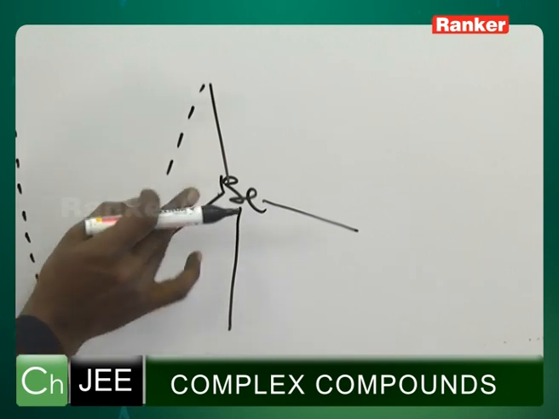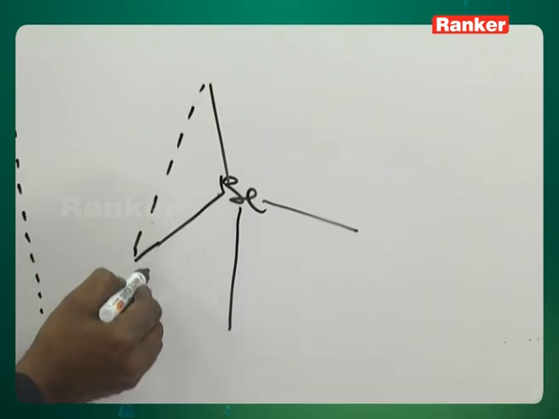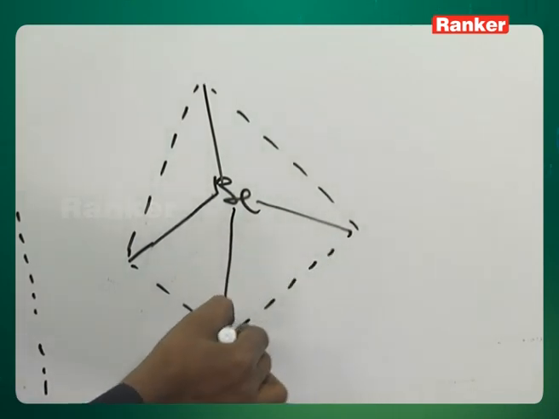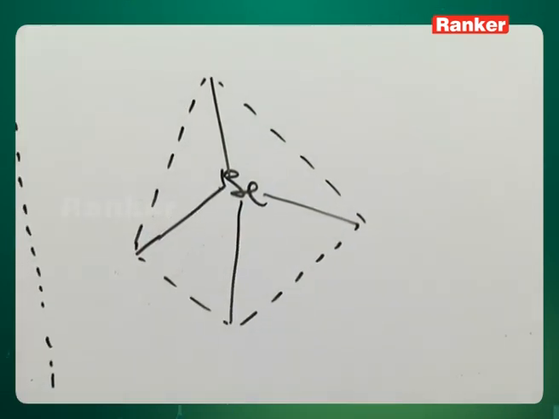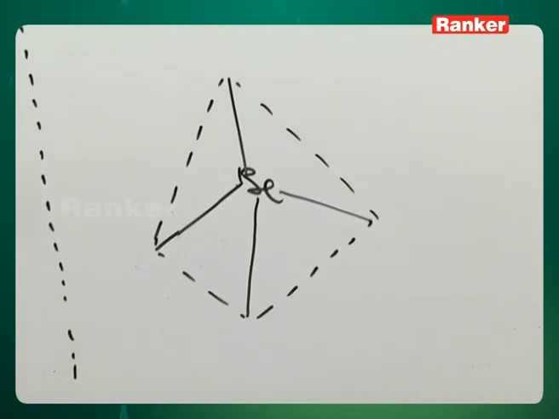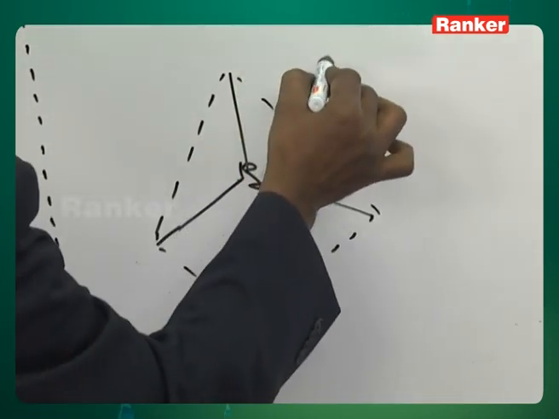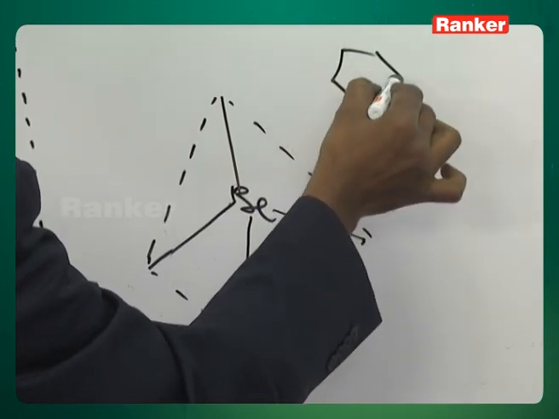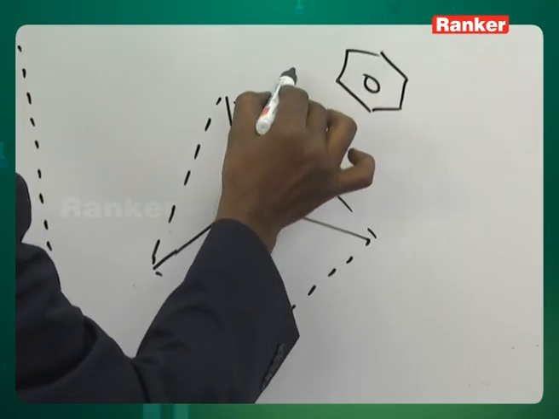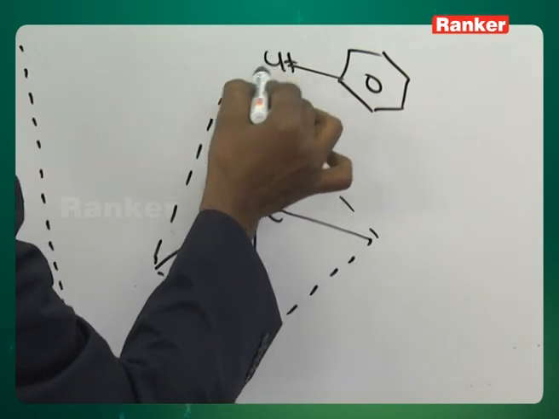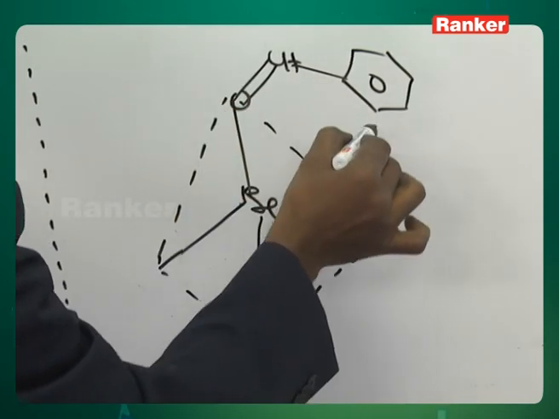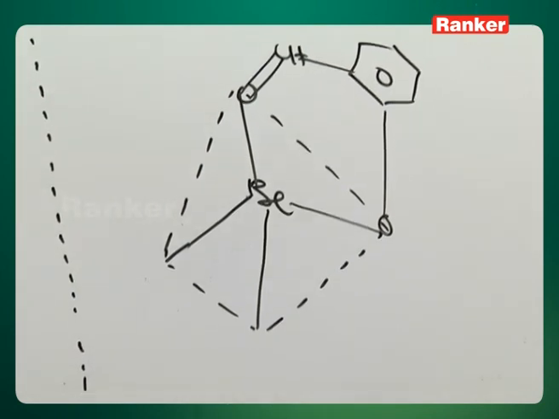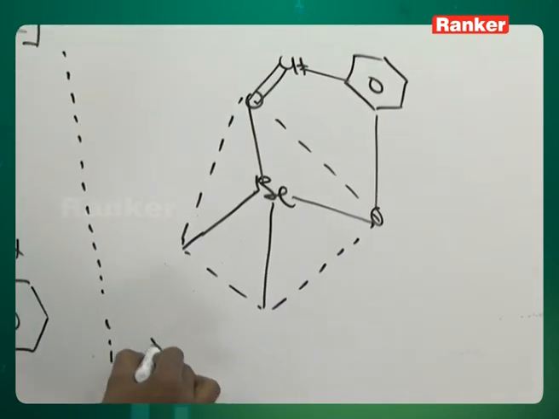Let us make the tetrahedral geometry clearly here. Now, this is reflecting here, this is reflecting. Carefully, see how to write this one. This is reflecting here. Look here.